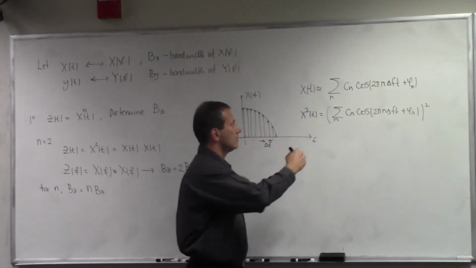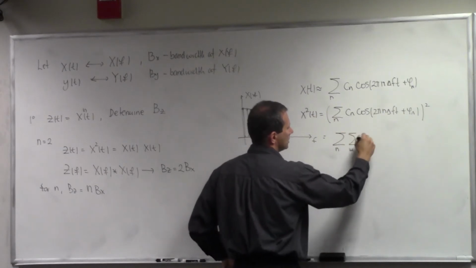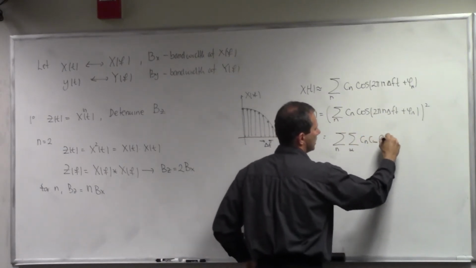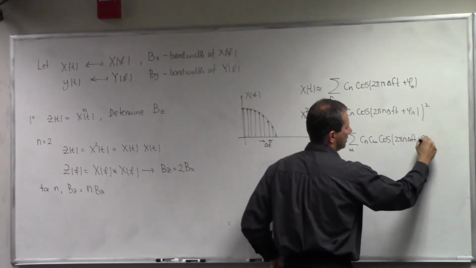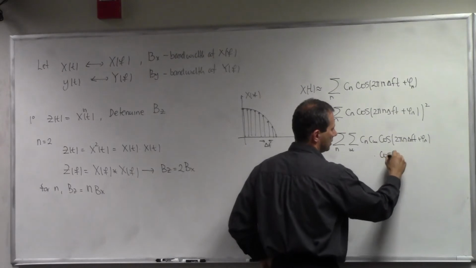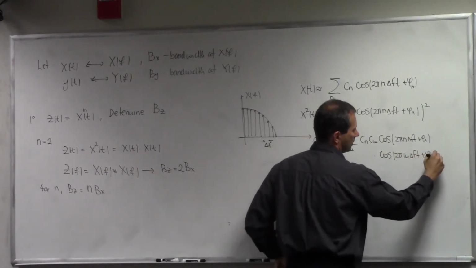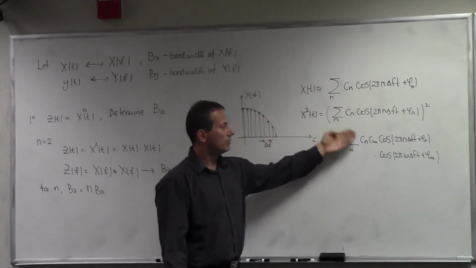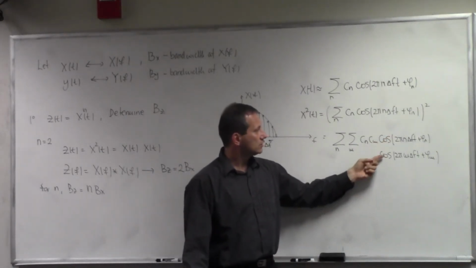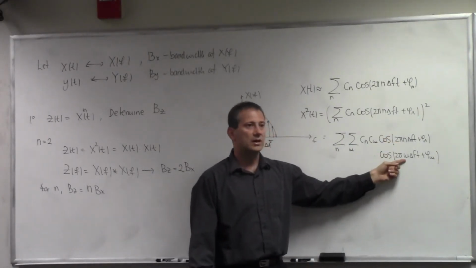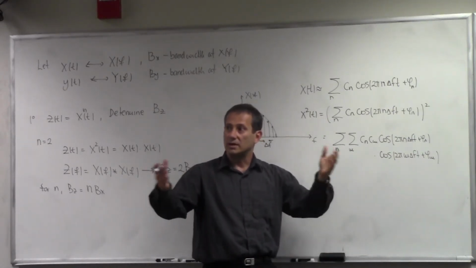So I can write this as a sum over n, sum over m, Cn Cm, cosine 2 pi n delta f t plus phi n, times cosine 2 pi m delta f t plus phi m. I have all of these terms that I need to deal with. Now, if you look at each one of these individual terms, cosine n times cosine m, you're going to get the sum, and you're going to get the difference.